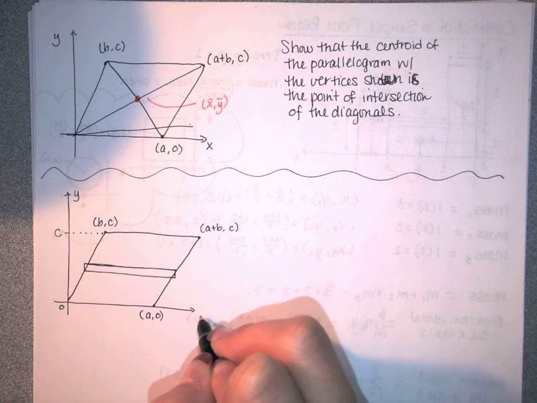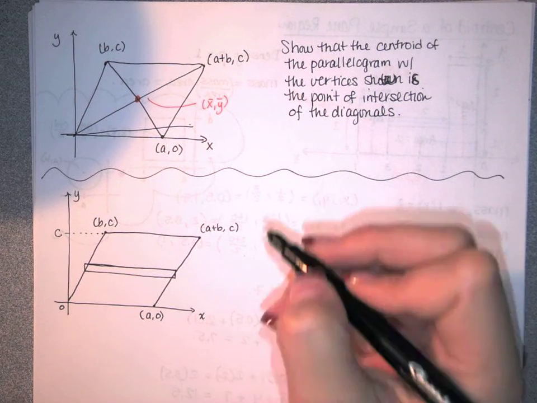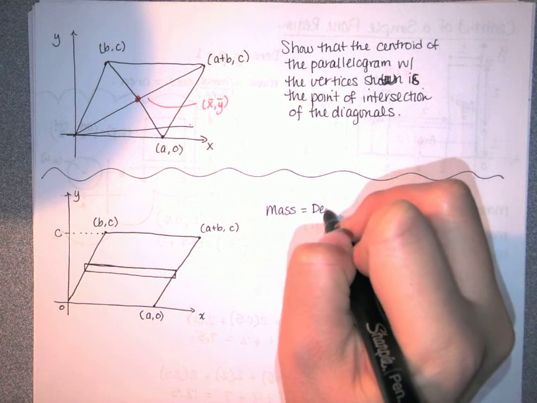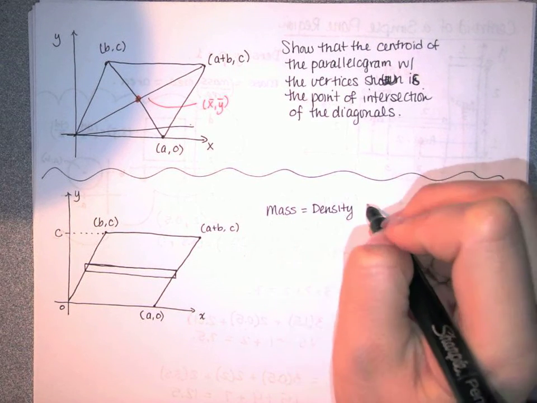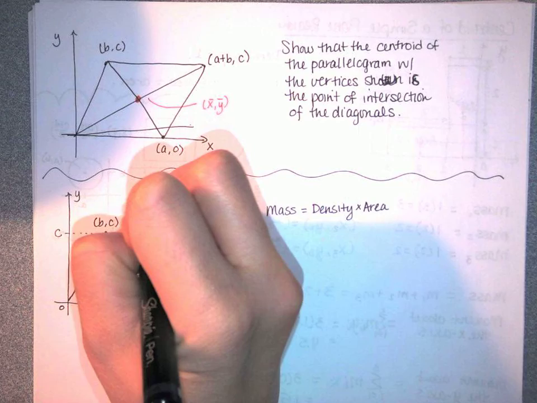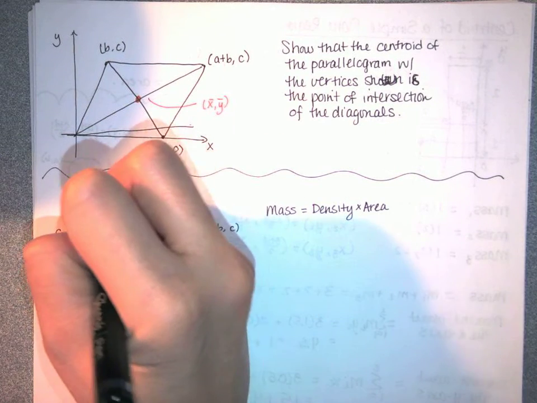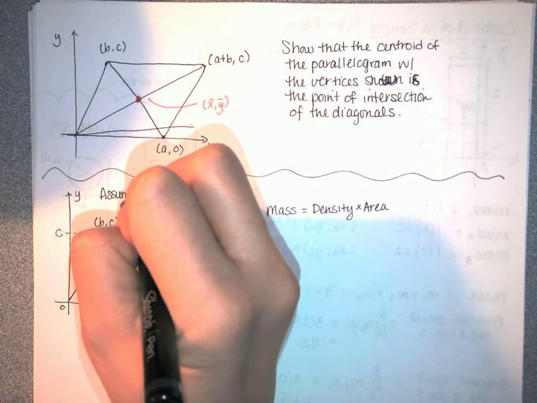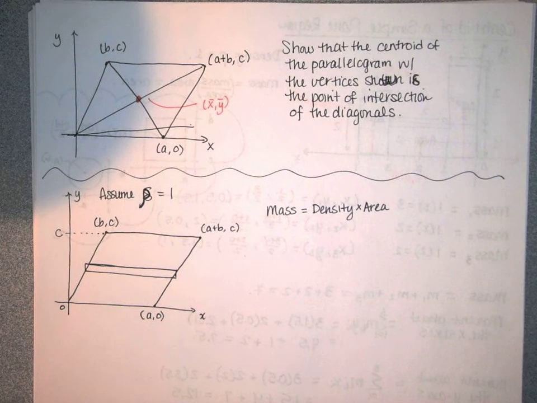Okay, so what have we got here? Well, I know mass is equal to density times area. Density is mass per unit area. And since we're looking for a centroid, we can just assume that the density is equal to 1. I just wrote the wrong Greek letter here. It's rho equals 1.